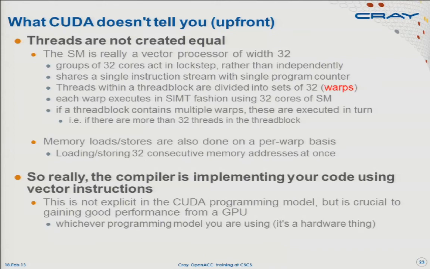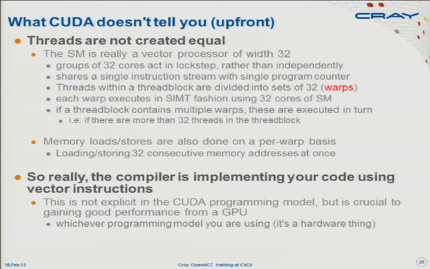Now, I said before that this multiprocessor is like a vector processor. When you say, oh, a thread block of 256 threads is going to execute on this SM, they don't all execute at the same time in the same way. The threads are actually grouped into sets of 32. Why?